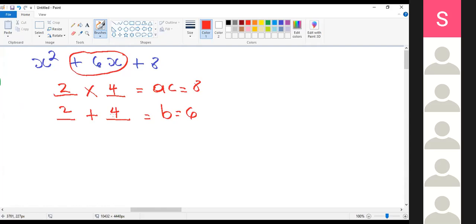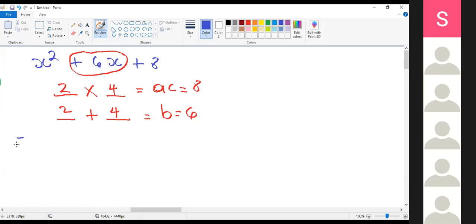Everybody seeing that? Yes, ma'am. You guys have to respond so I can know whether I need to go back over it or not. All right. So then we found our 2 numbers. Remember the whole point of finding these 2 numbers is that we're going to use them to split this middle term here. So we rewrite our initial equation, but instead of putting the plus 6x, we're going to use the 2 and the 4 instead.